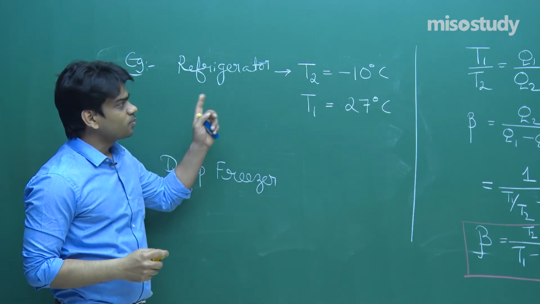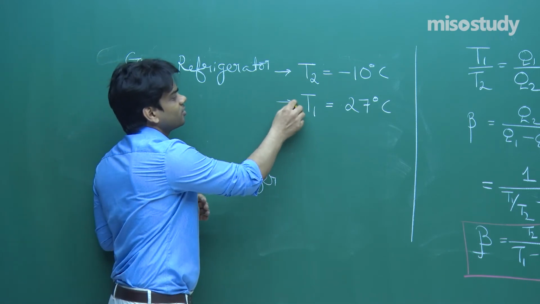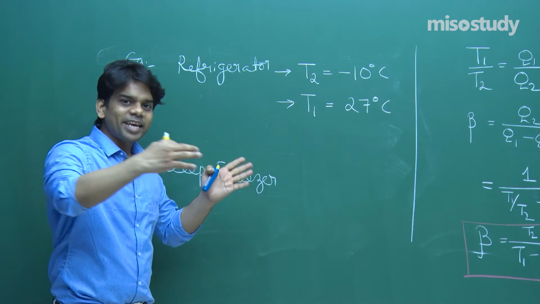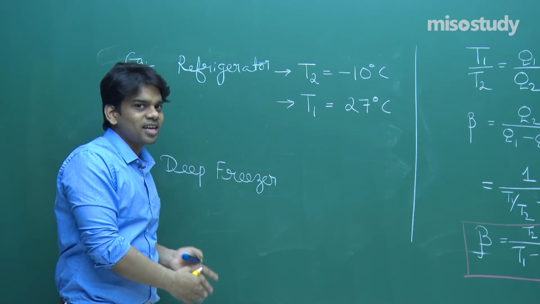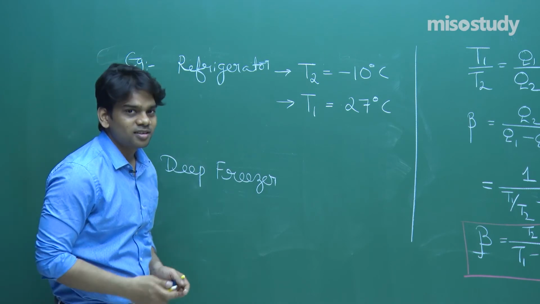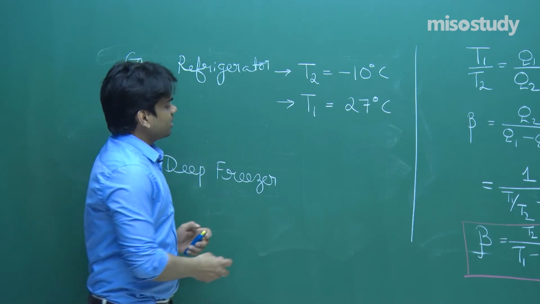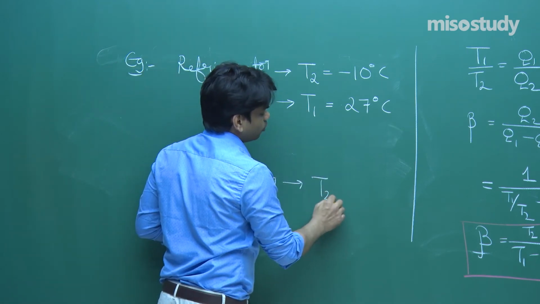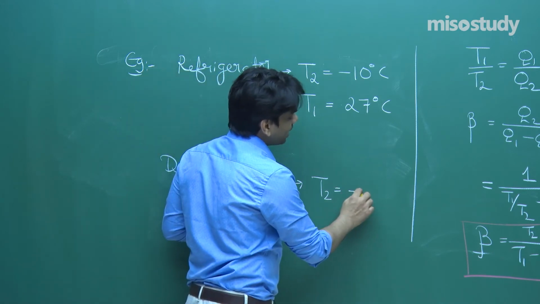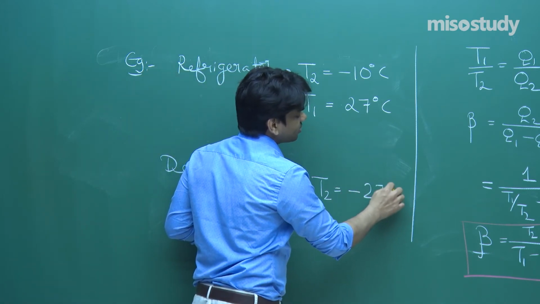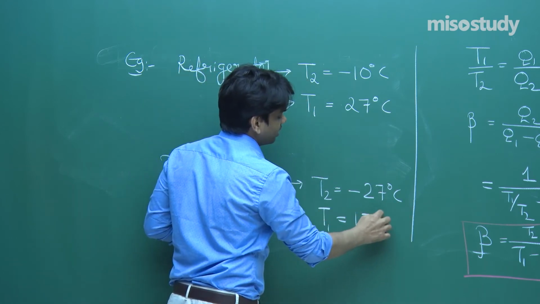So we have T2 as minus 10 degrees Celsius, working between two temperature ranges T2 and T1. It is taking some amount of heat energy at temperature T2, that is minus 10 degrees Celsius, and releasing some amount of heat energy to the external surrounding, that is 27 degrees Celsius. For the deep freezer, it's given that the value of T2 is, let's say, minus 27 degrees Celsius, and T1 is given as 17 degrees Celsius.